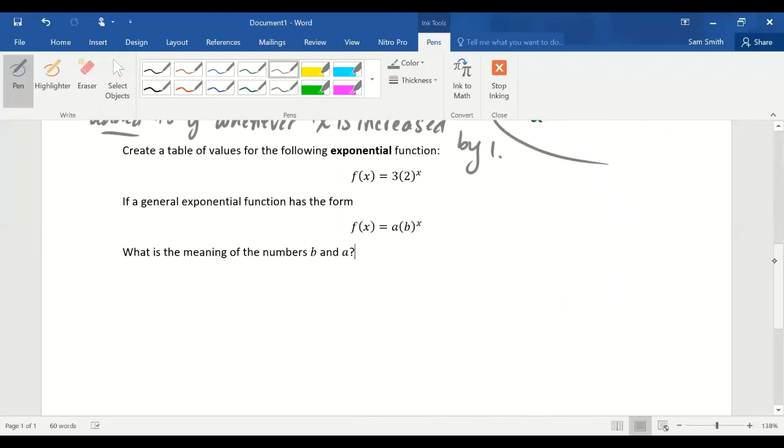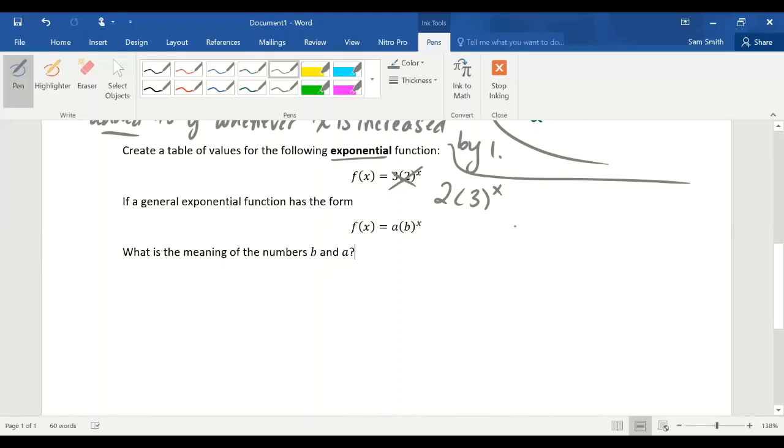All right, I would like to compare that with a new variety of function called exponential. I've given you a specific example of an exponential function, 3 times 2 to the power x. Actually, I think I would like to alter this a bit. I would like to do 2 times 3 to the power x.